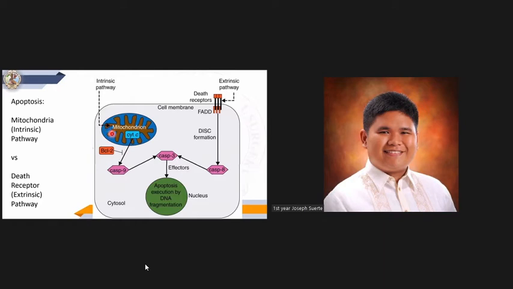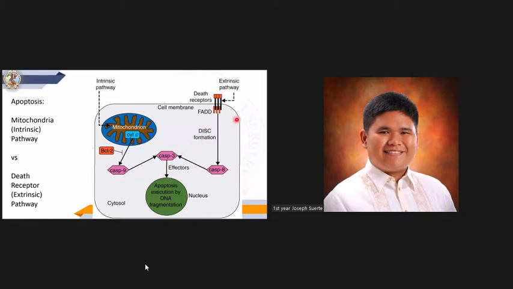There will be a destruction, and the mitochondria, the powerhouse of our cell, releases our cytochrome C. The cytochrome C activates the caspase 9 family, which in turn activates another caspase family, caspase 3, which are the effectors that cause your apoptosis.